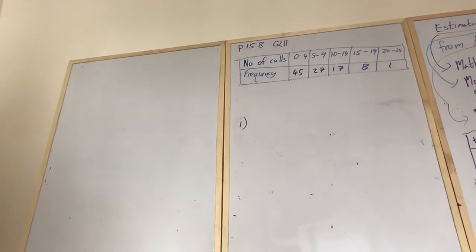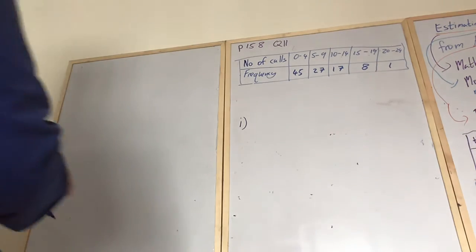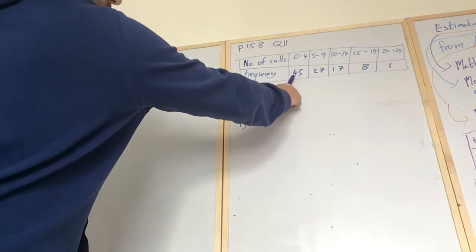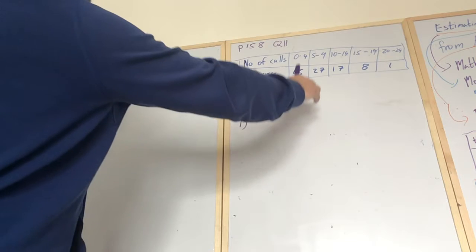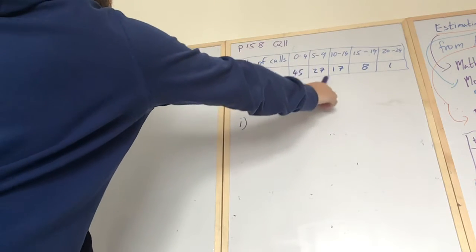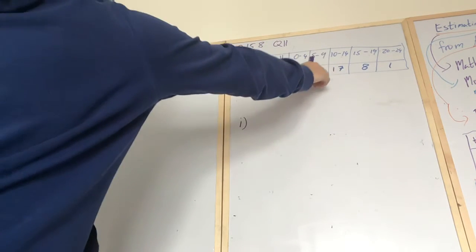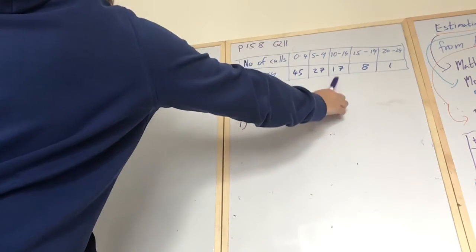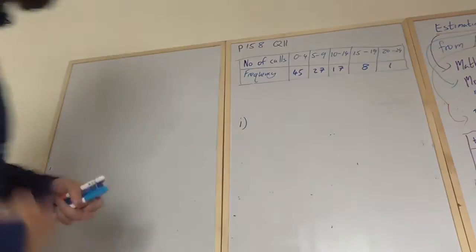Part I says, what is the modal? The modal is the frequency that occurred the most. So this doesn't mean the number 45, it means 45 people were called between 0 and 4 minutes, 27 people were called between 5 and 9 minutes, 17 were called between 10 and 14 minutes, and so on.